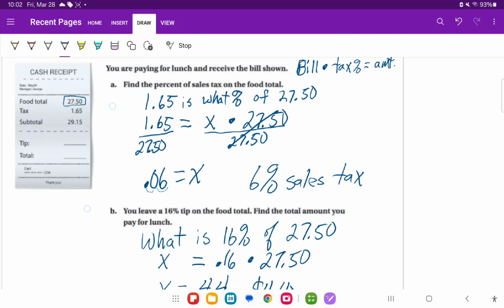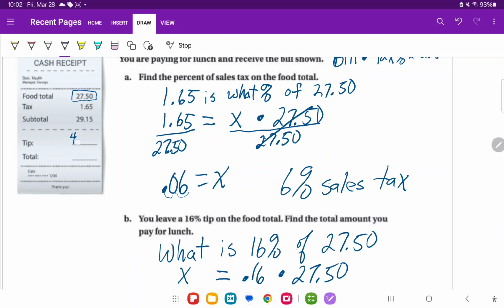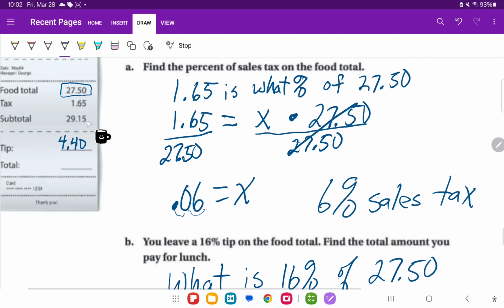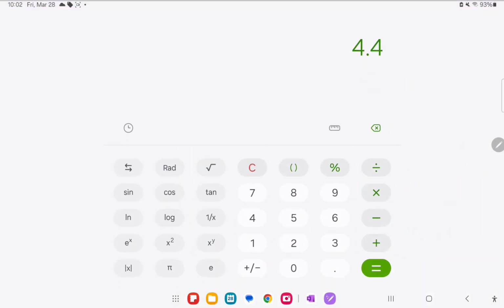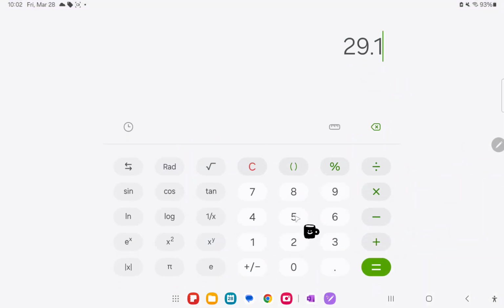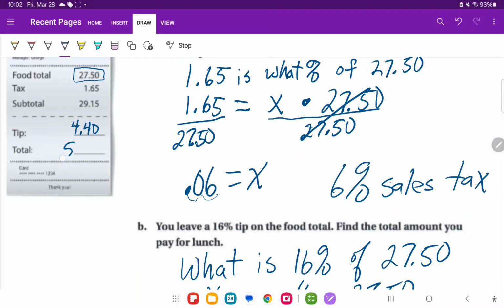Okay, now, what they want us to do then is we're going to take that, right, and that is our tip, right? So we're going to put that on here, $4.40. So now to get the total, we just add that to the 29.15, right? So it's 29.15 plus our tip, which is 4.40. So that's going to be $33.55.